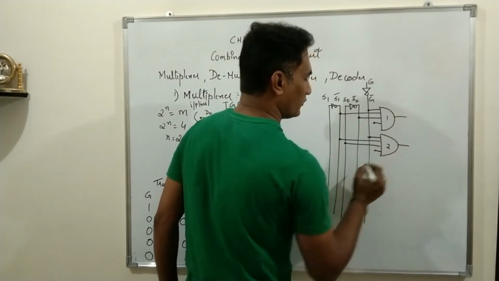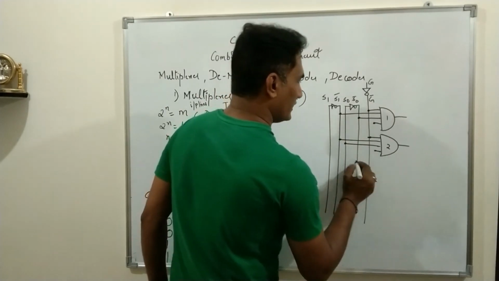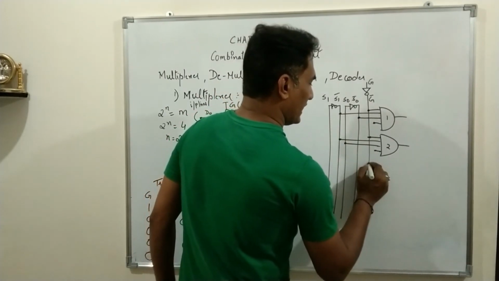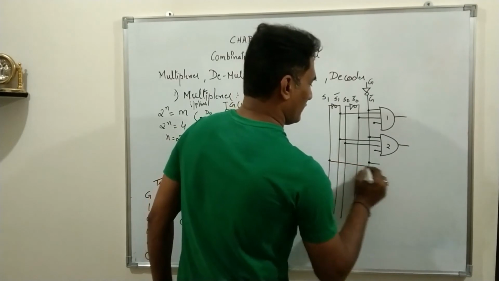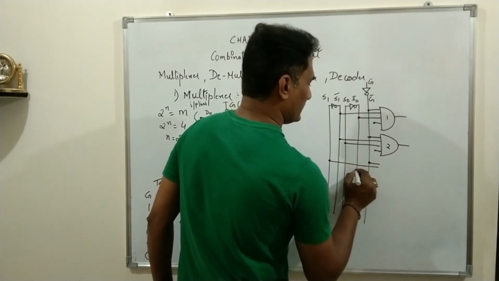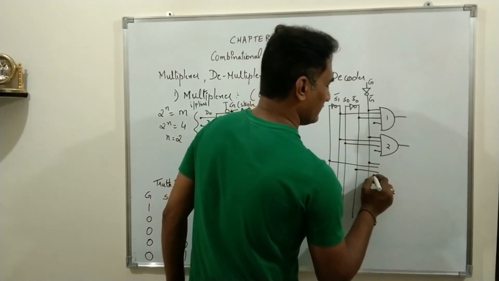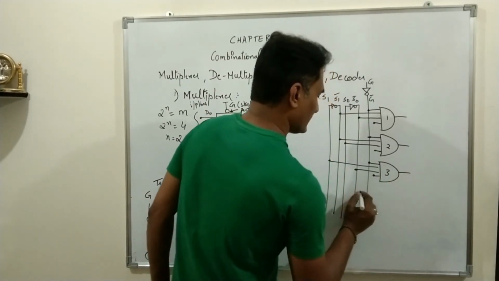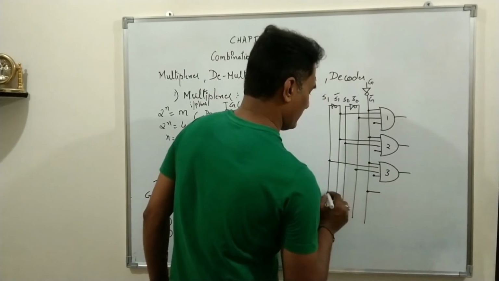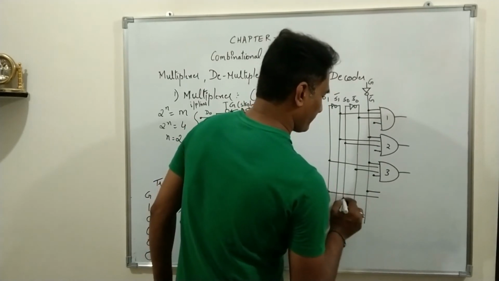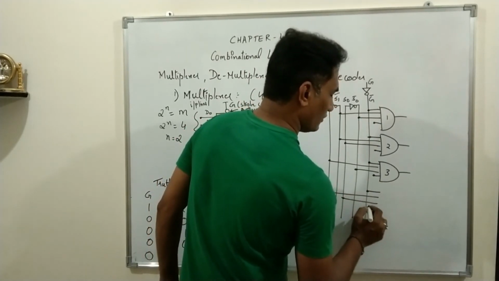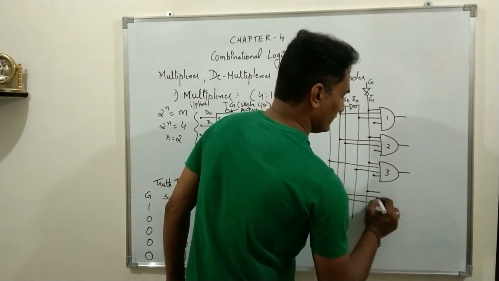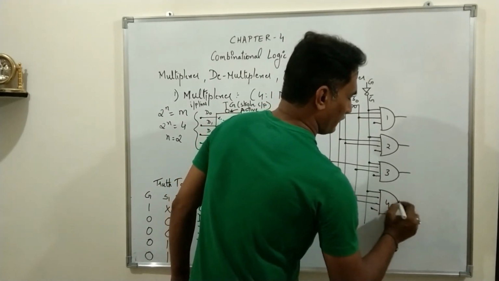The third one is G bar S1 S0 bar and then D2, and the last one is G bar S1 S0 and D3. This is the fourth AND gate.